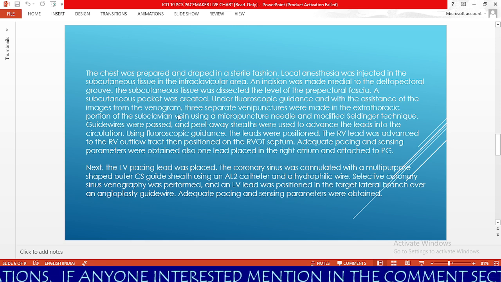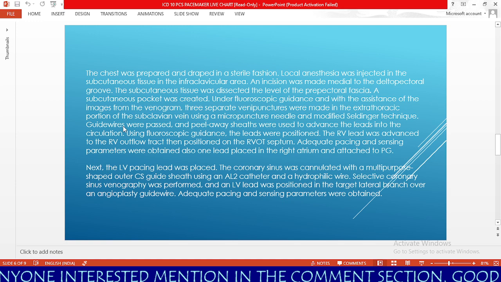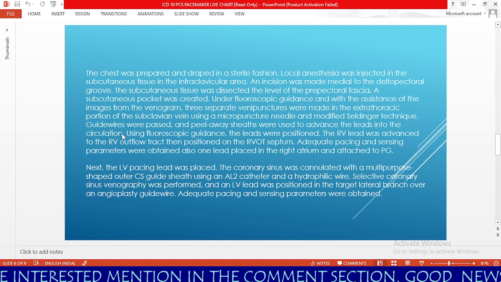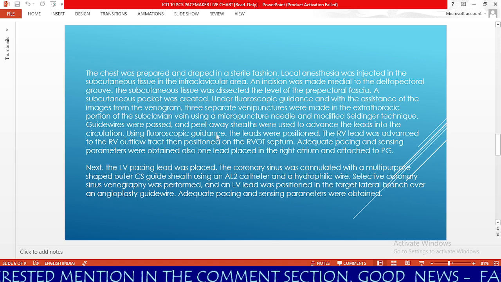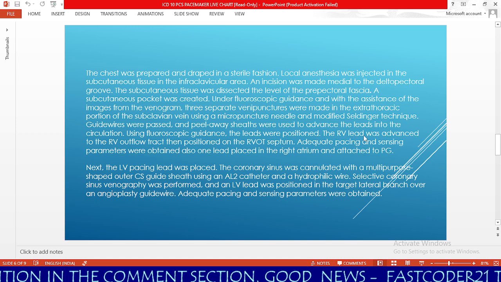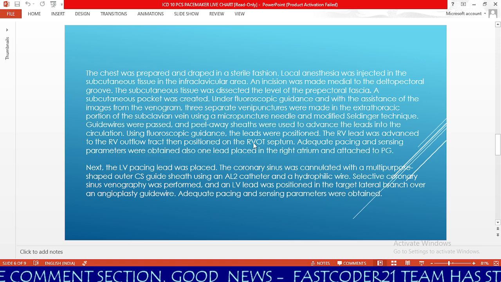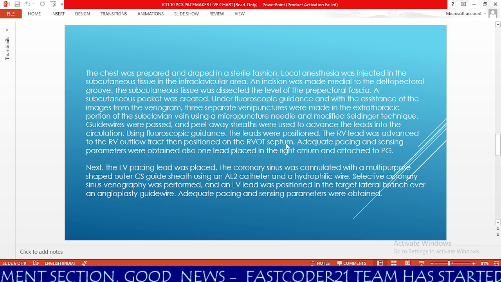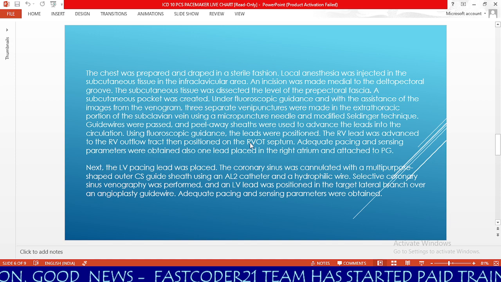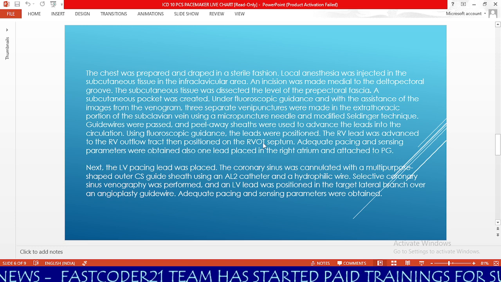So here the physician has now started placing the leads into the circulation. Using fluoroscopic guidance, the leads were positioned. The RV lead was advanced to the RV outflow tract, then positioned on the RVOT septum. Basically this is the right ventricular lead placed in the RVOT septum.